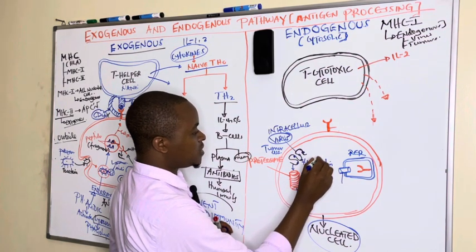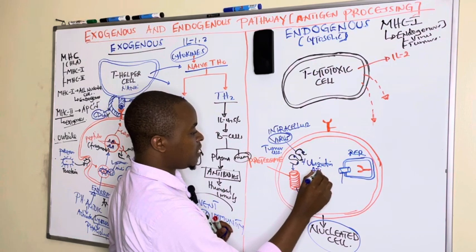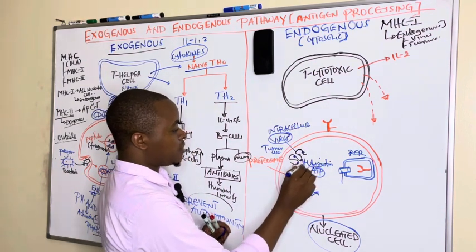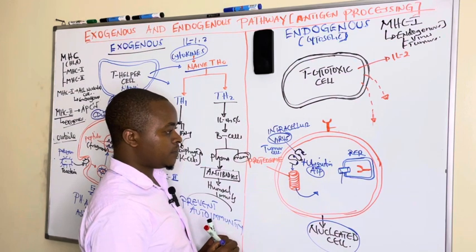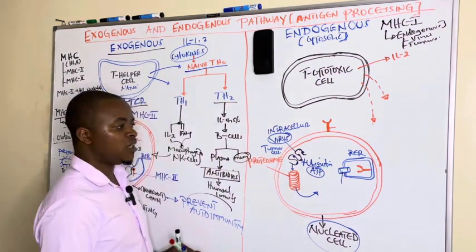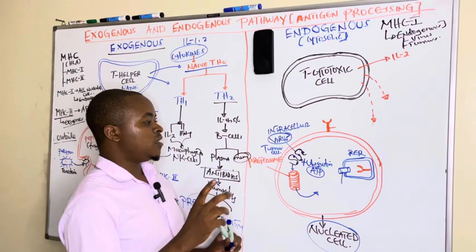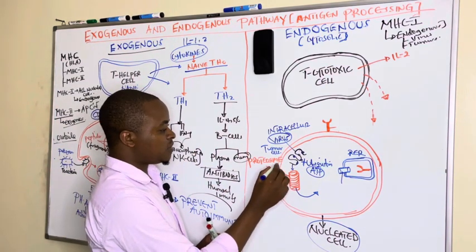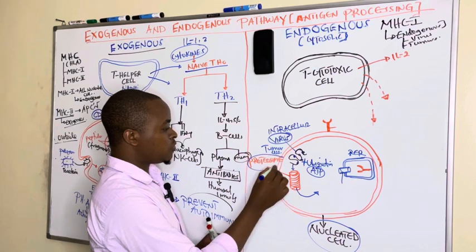This ubiquitin utilizes energy in the form of ATP, which activates proteases, and these protease enzymes form what we call a proteasome.